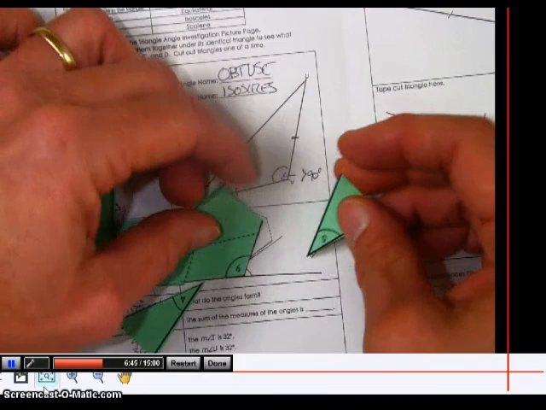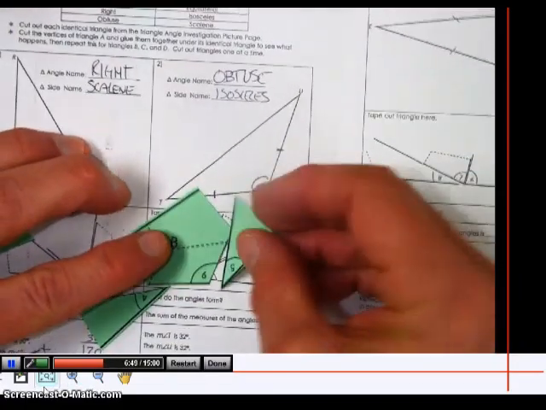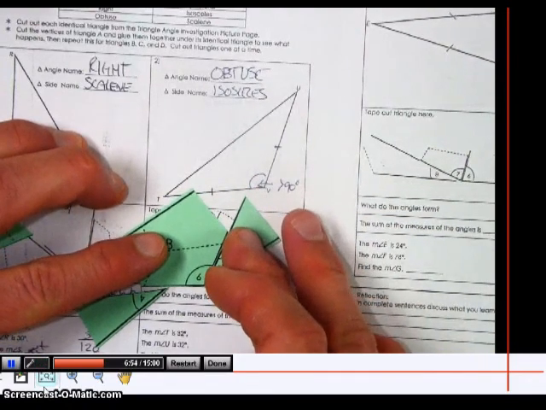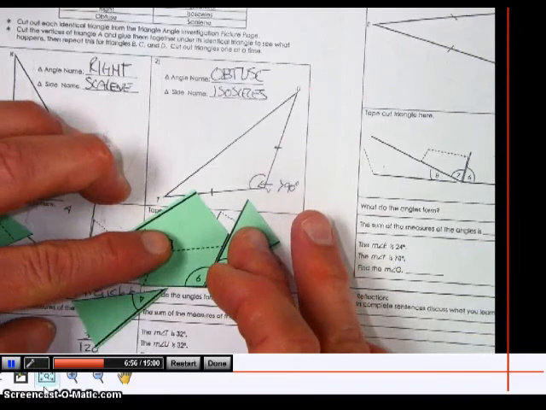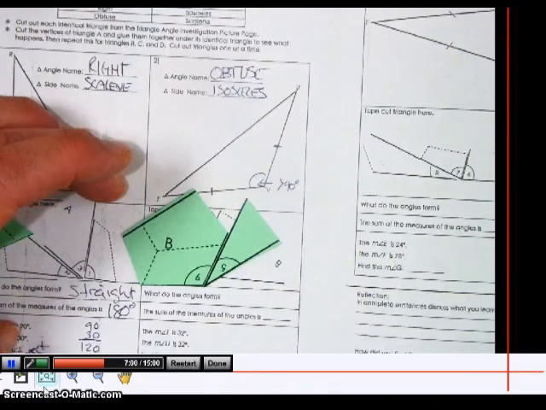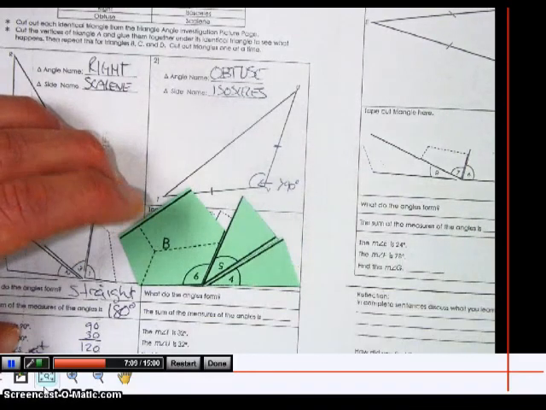So if I take two corners of this triangle and I put them together, greater than or less than 90? Greater than 90. Okay? Is it 180 yet? No. But if I put in the third angle, it's 180.